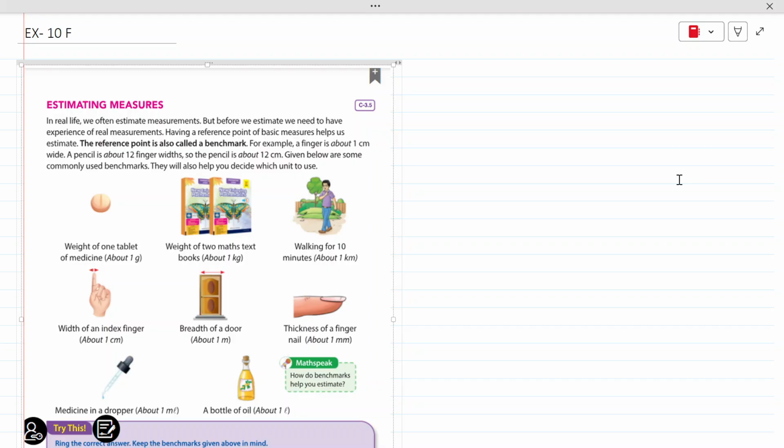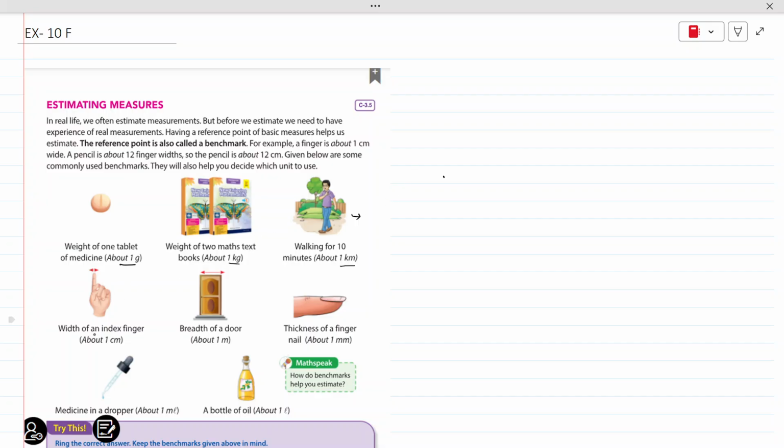Here are given some commonly used benchmarks. The weight of one tablet is about 1 gram, the weight of two maths textbooks is about 1 kg, walking 10 meters is about 1 kilometer, but this again depends upon the height of the person and the size of the foot.